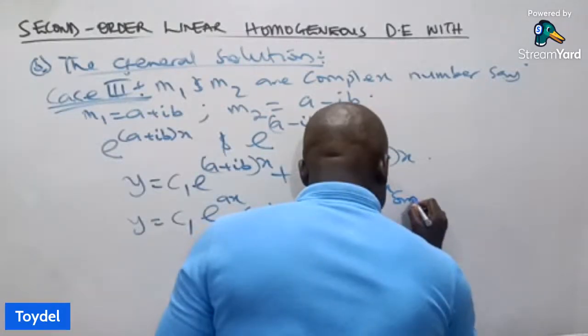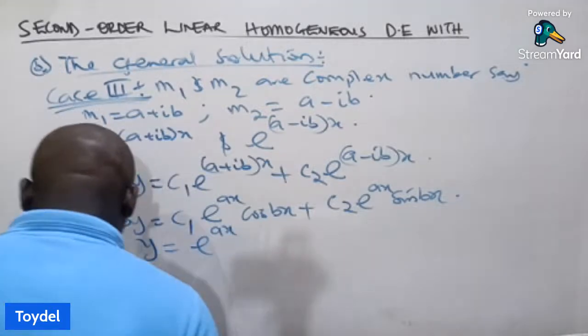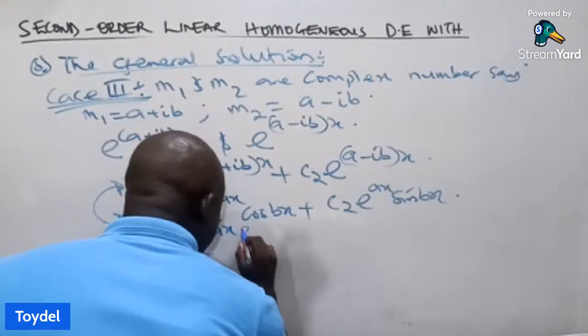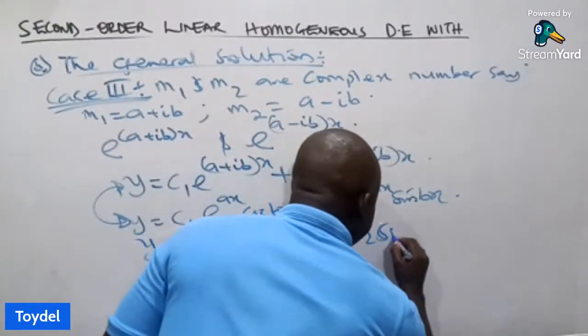This is the same thing as the previous one. Algebraically, the two are equivalent. So finally, the final solution will be y is equal to exponential ax can come out, so we are left with C1 cos bx plus C2 sin bx. Of course, C1 and C2 are arbitrary constants.